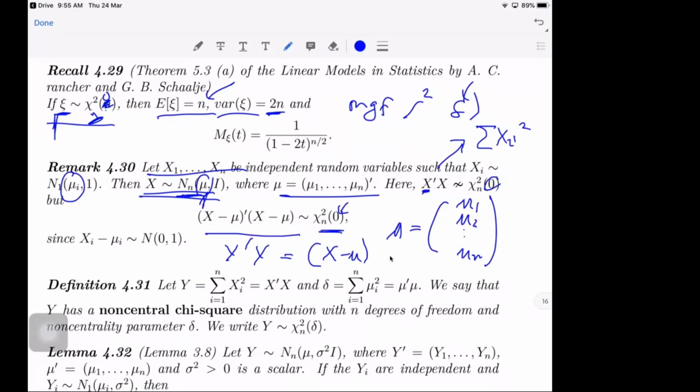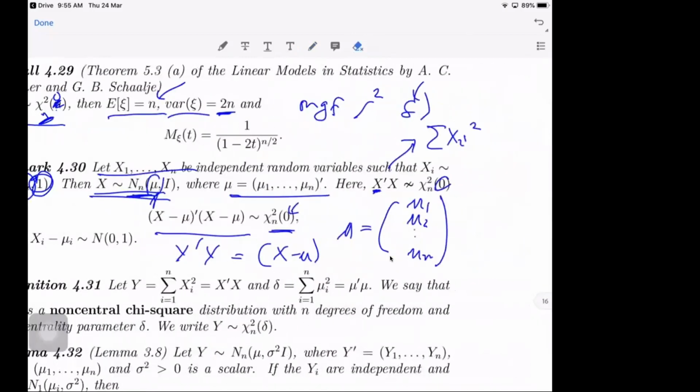You subtract it, it's like you standardize it, no? Subtract it from mu and then standardize. So your variance is just 1, and the square root of that is still 1.